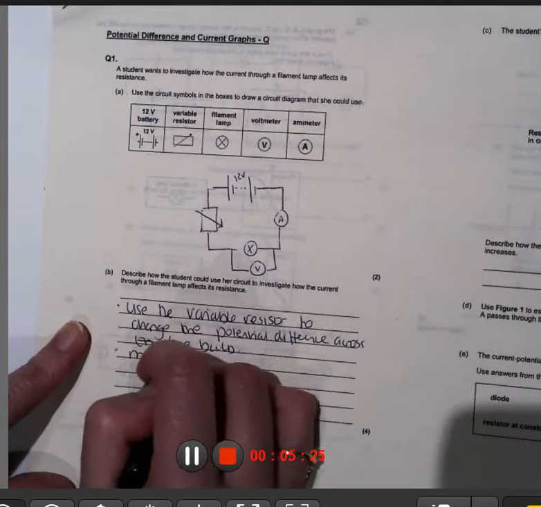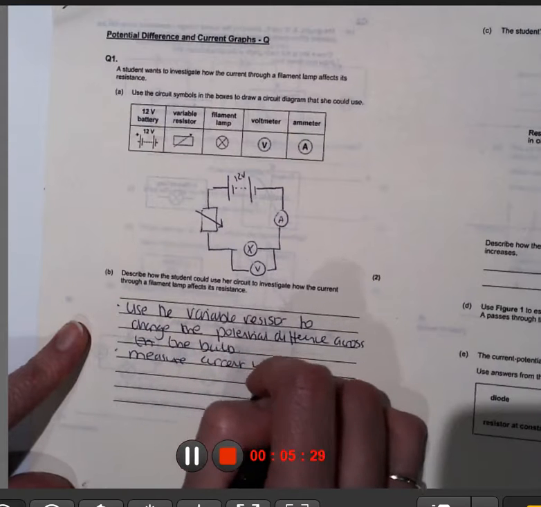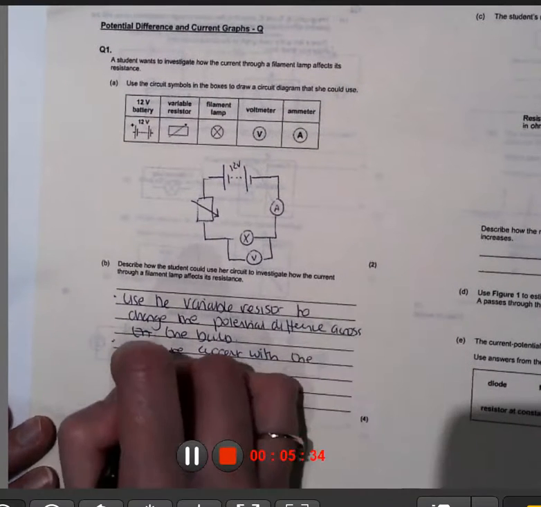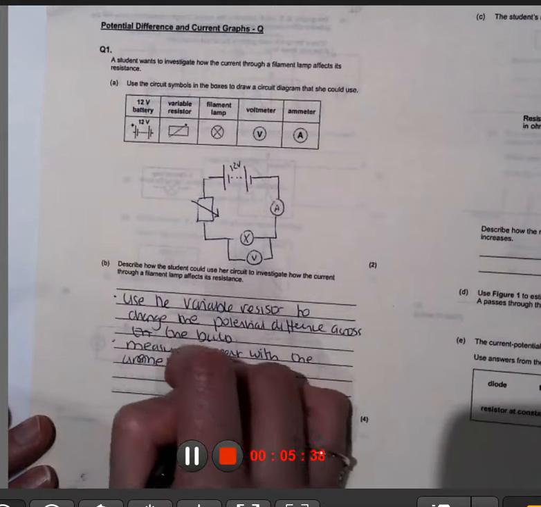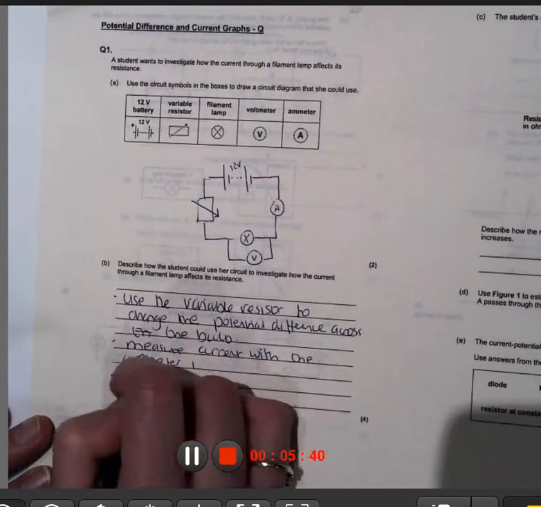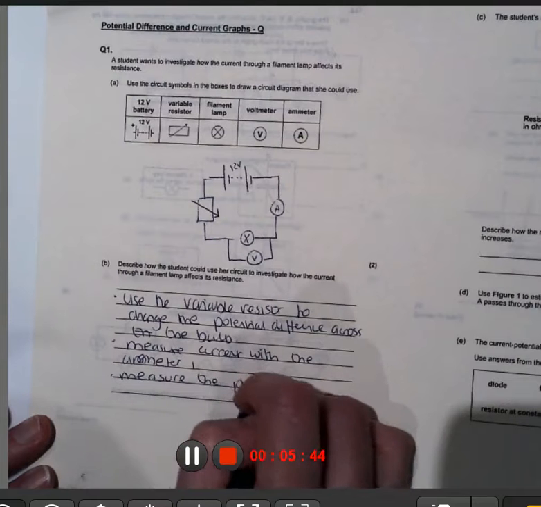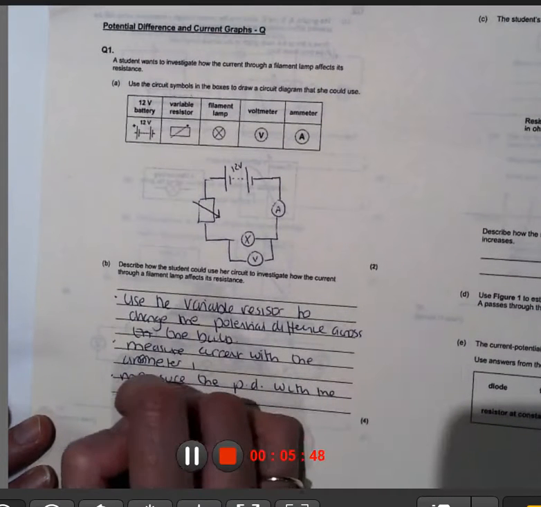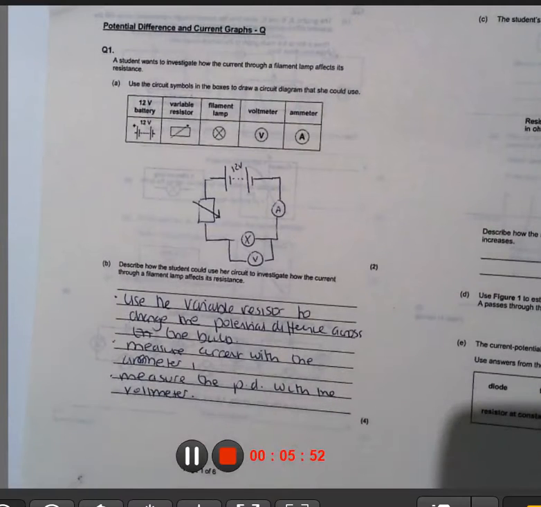You measure the current with the ammeter and you measure the potential difference with the voltmeter. So 6 marks just for those 2 parts.